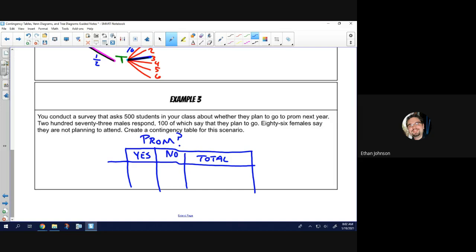And then our variable for rows, let's say, is gender. So we could have male, you can have female, and then we need total.